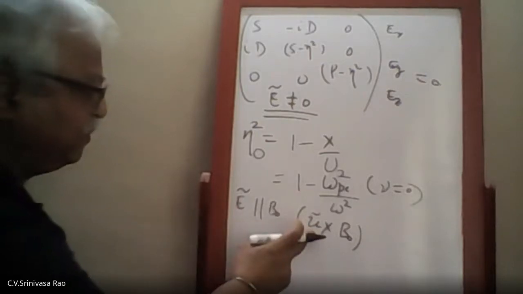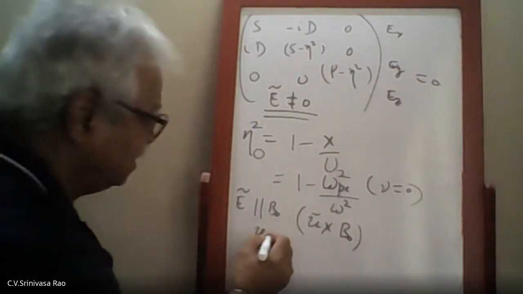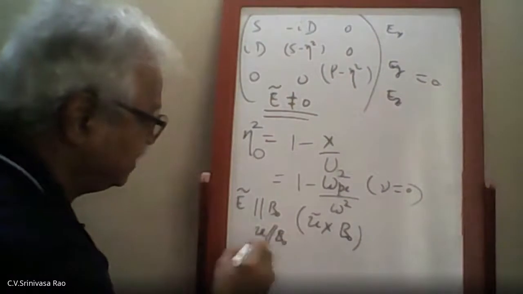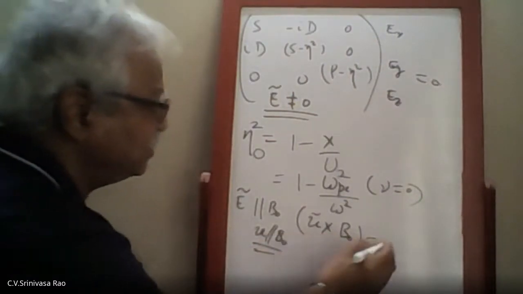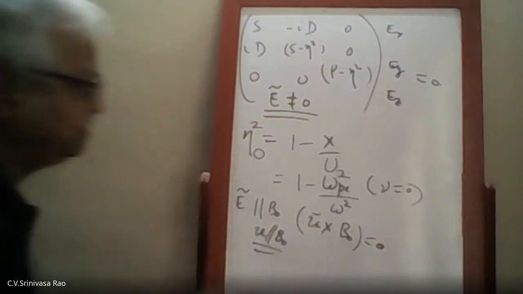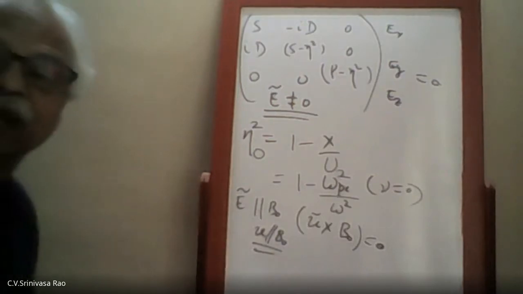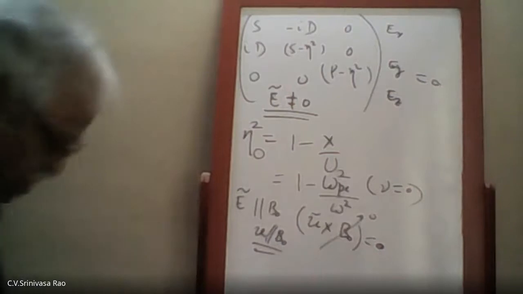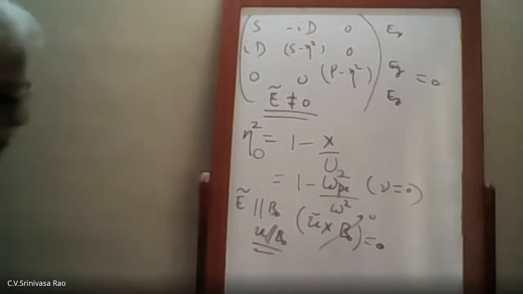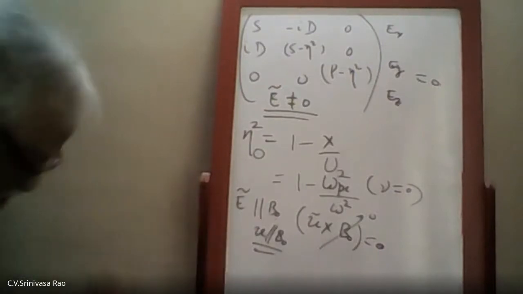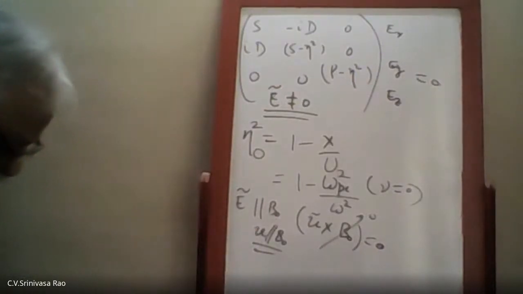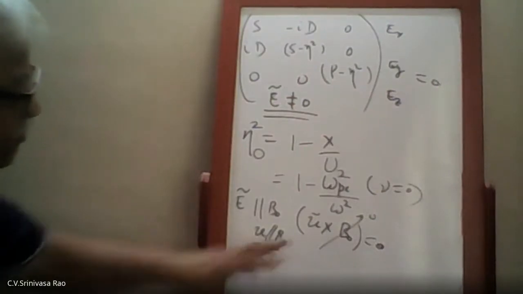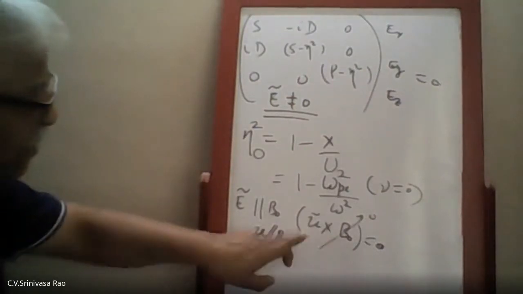So therefore, this will be parallel to the magnetic field. So this term goes to 0 because u is in the same direction as the magnetic field. So this quantity goes to 0. So therefore, this wave electric field is basically parallel to B naught, and so there is no influence of the external magnetic field on the wave.